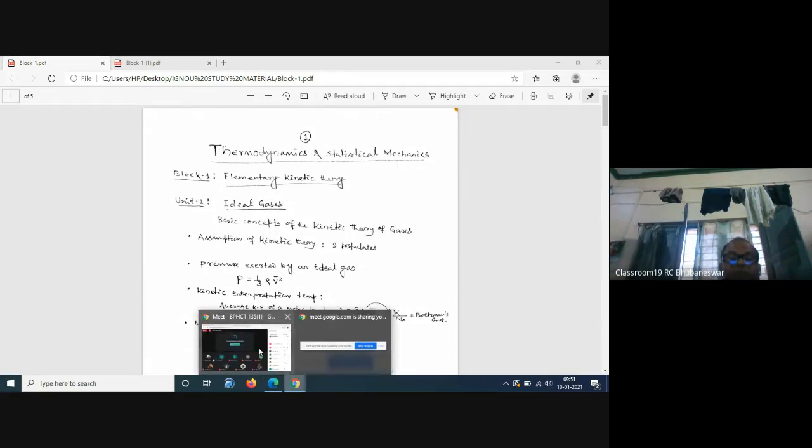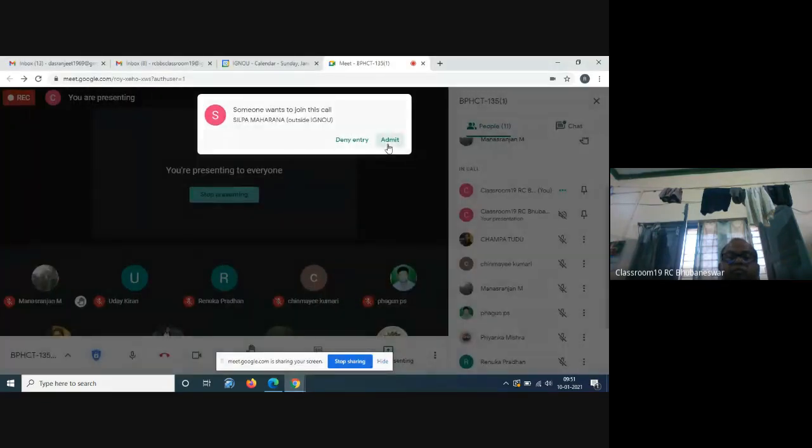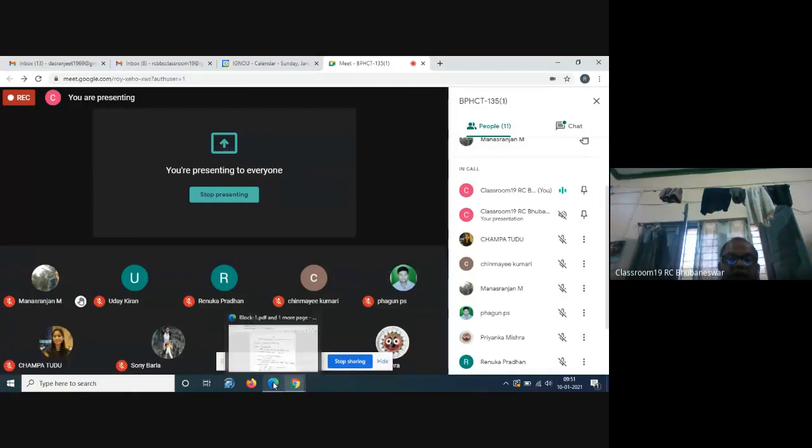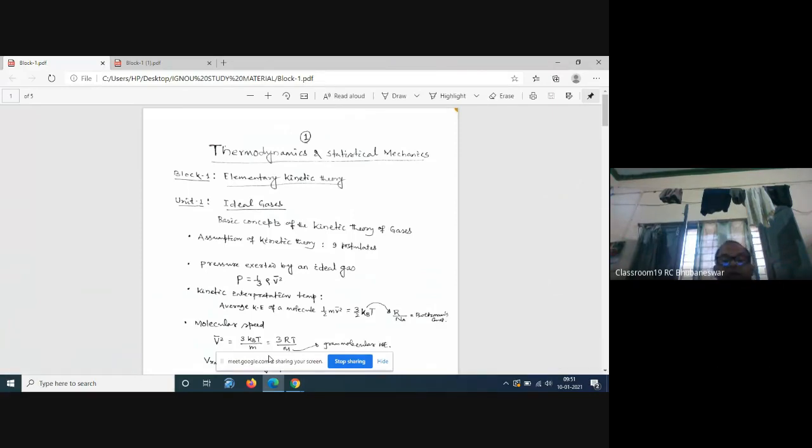They are treated as hard elastic spheres, and they collide with each other elastically.